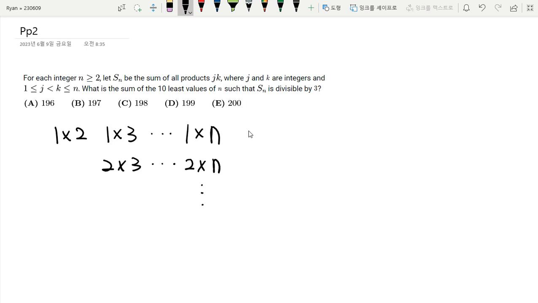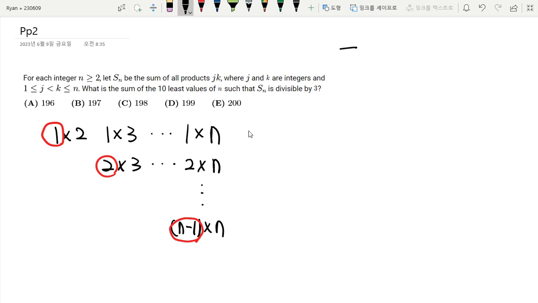So if we keep this trend, the last product will be j is n minus 1 and k is n. That will make the last term. And we can make the sigma notation to find this sum. So the j is the first number in the product. So j starts from 1 and it ends with n minus 1.